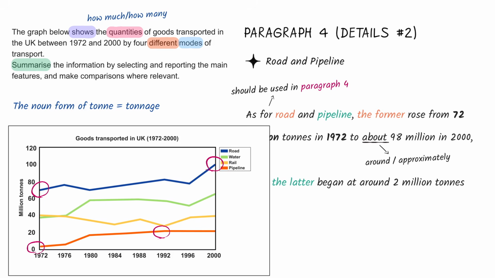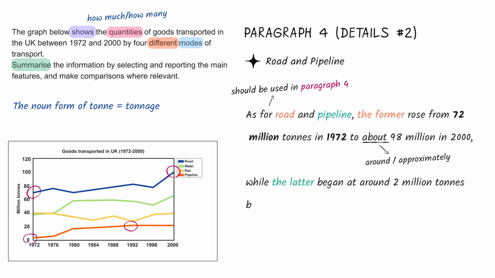And I'm going to write the degree of difference. So it was 2 in, let's say, 1972 and 1992, that was around 22. So the degree of difference is 20 million tons, right? So I'm going to write like this. Again, let's start from while the latter began at around 2 million tons before growing by 20 million. When we're writing about the degree of difference, we use by.